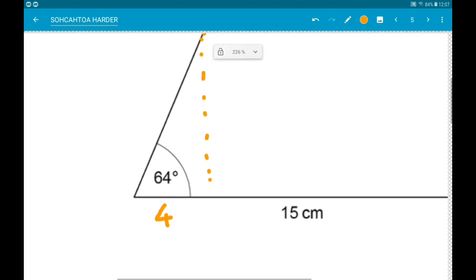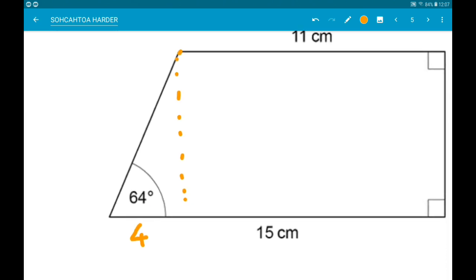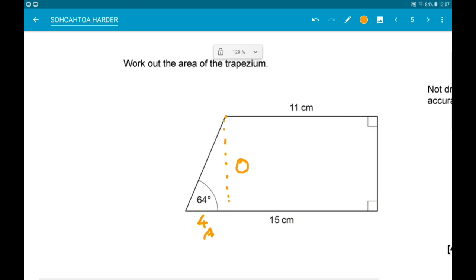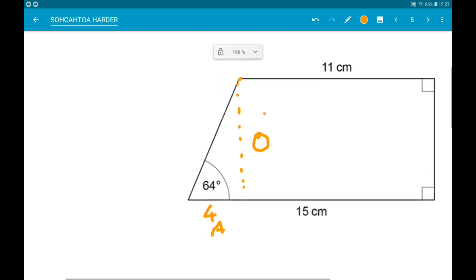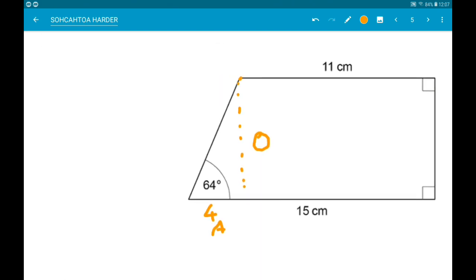So, with respect to the angle, what we want is the opposite, and what we have is the adjacent. So, no, ka, no, toa, yes. So, toa tells us tan of 64 is the opposite over the adjacent, so O over 4.